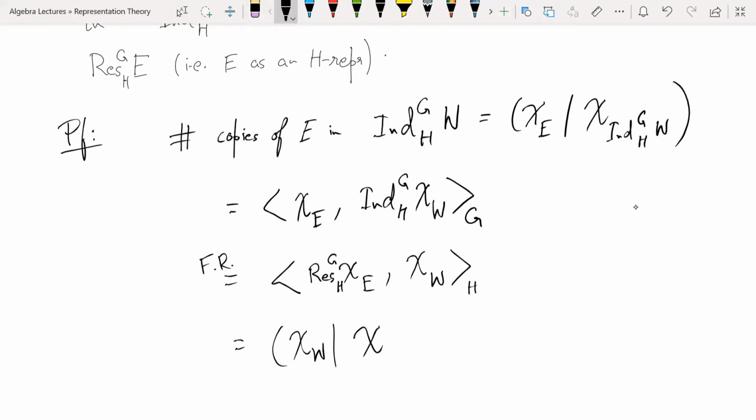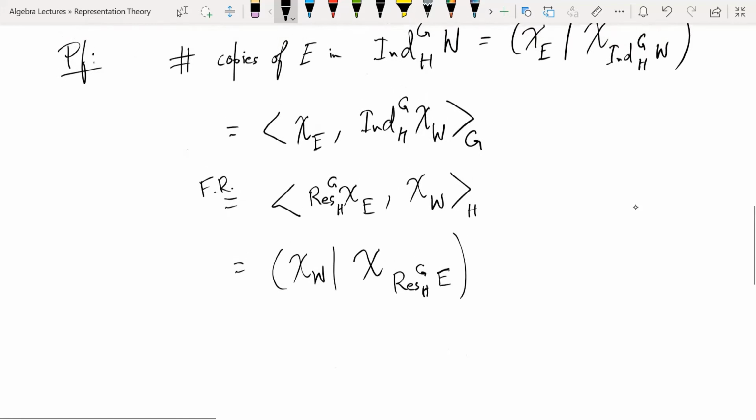Restricting the character is the same as taking the character of the restricted representation. You're not doing anything essentially; you're taking the same vector space and just looking at the H action, which counts the number of copies.